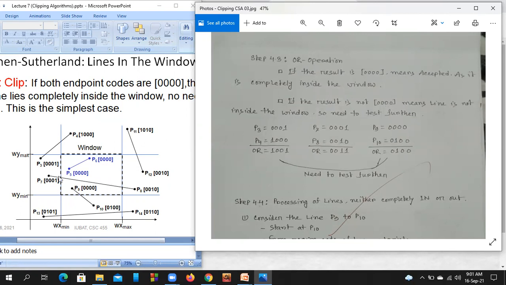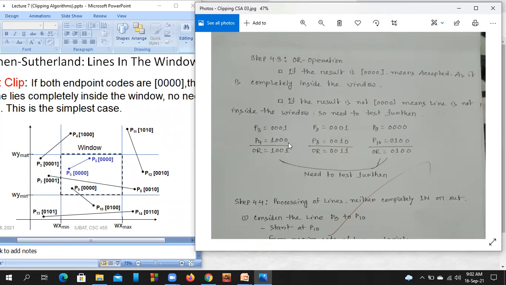So the three lines, P3 P4, P7 P8, and P9 P10, we need to go for the OR test now. As you know, in OR, if any one bit is a 1, then we get 1. So for P3 P4 we get 1001, for P7 P8 we get 0011, and P9 P10 is 0100.